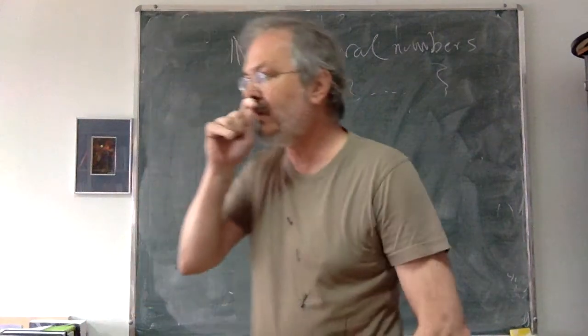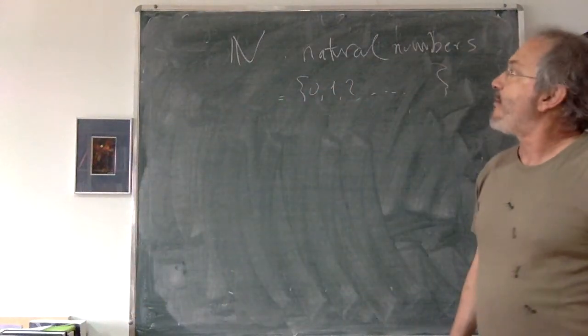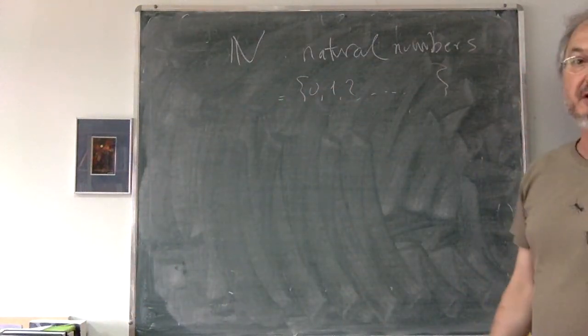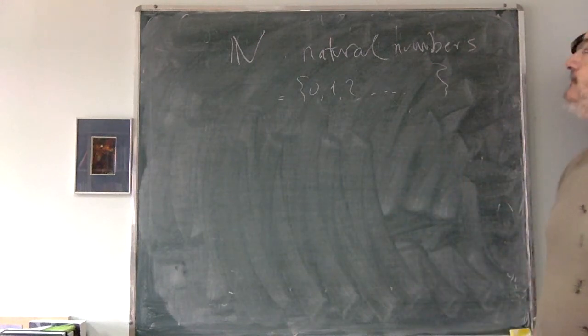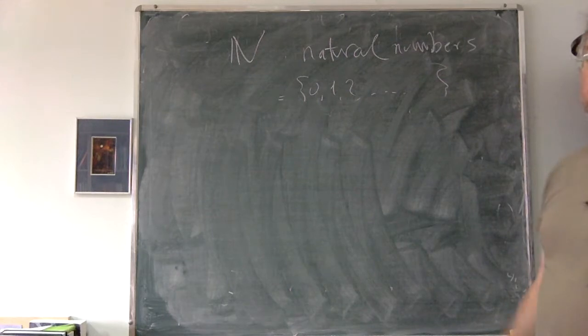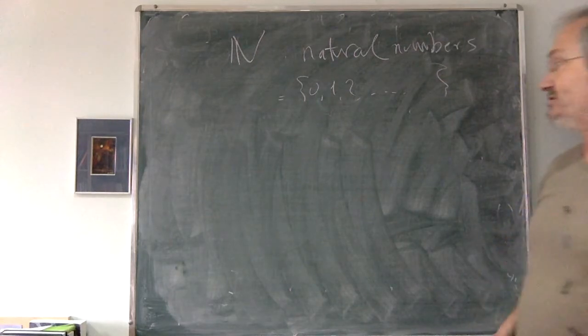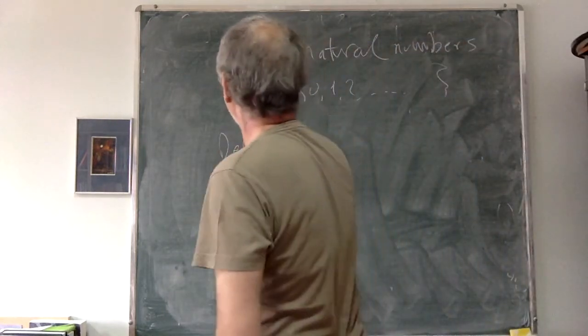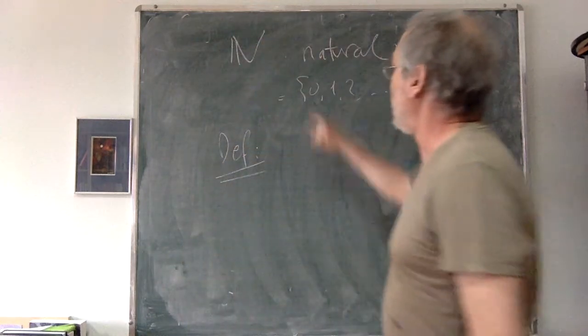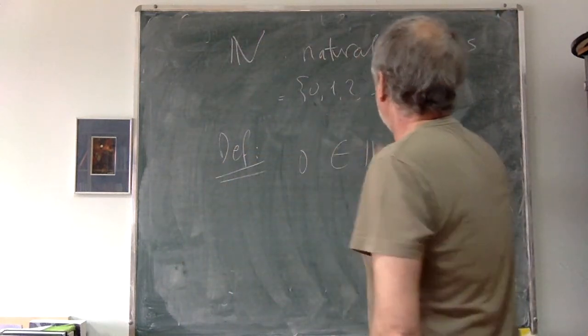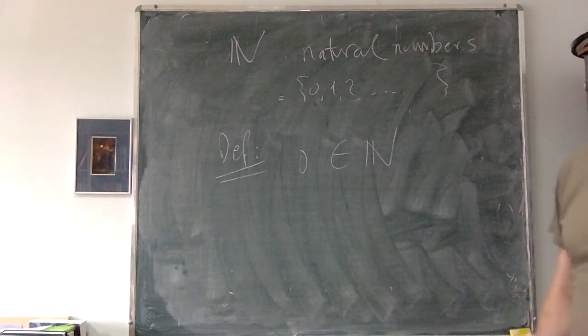Now, they're also known as counting numbers for obvious reasons. Actually, there is a recursive definition of natural numbers. So you can say the base case is 0. You say 0 is a natural number.